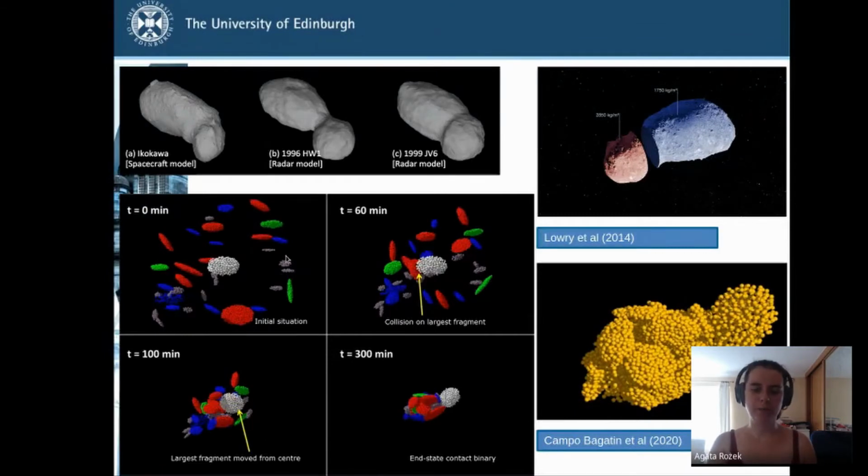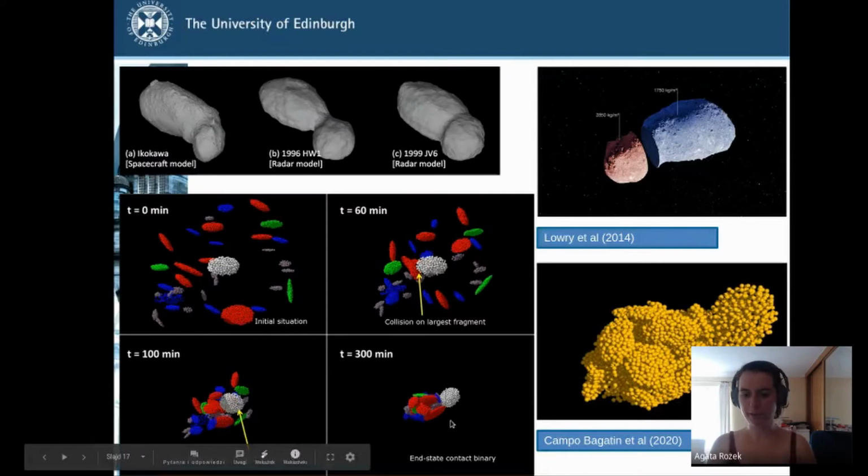So the big body that gave source to the material that we can see in the contact binary asteroid is broken up by a catastrophic collision, and there are lots of fragments flying. And as those fragments start to self-gravitate, they just spontaneously create this shape.